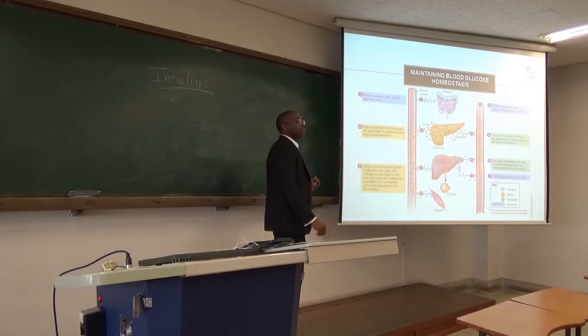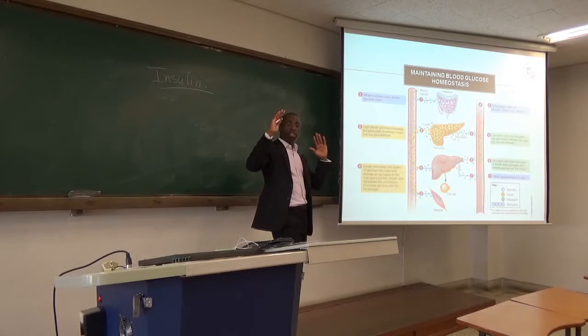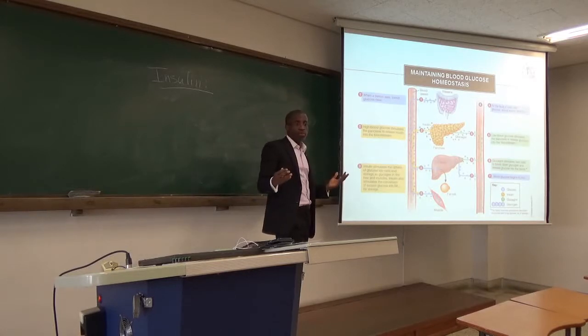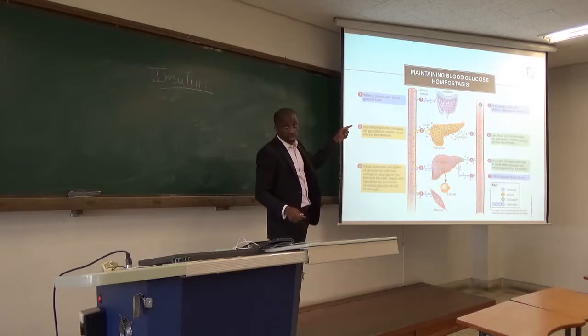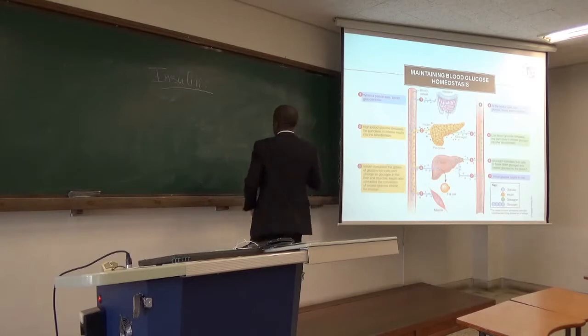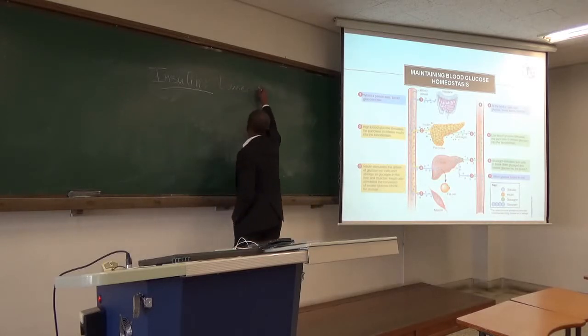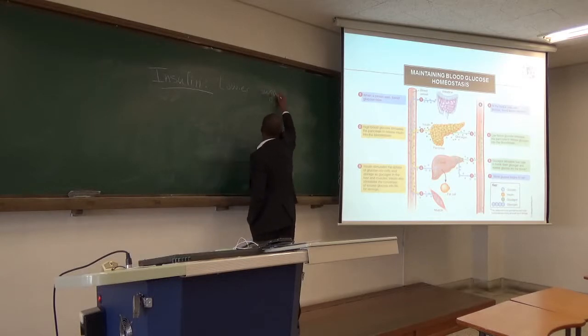Now, understand this picture. Sugar level is going up, right, based on what we've been eating. So the body has to fix the problem. It calls out the pancreas, which produces the insulin. So insulin's job will be what? To help lower the sugar level.